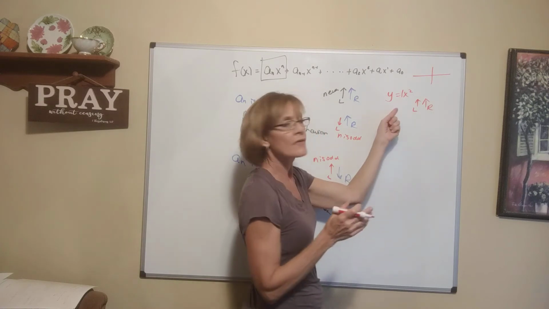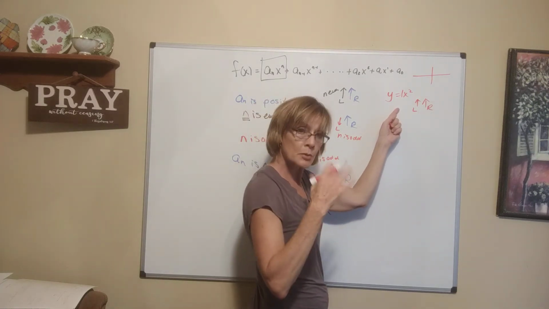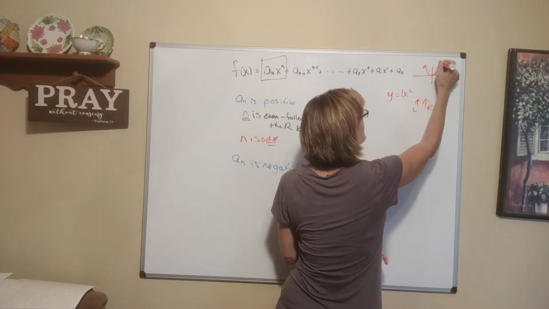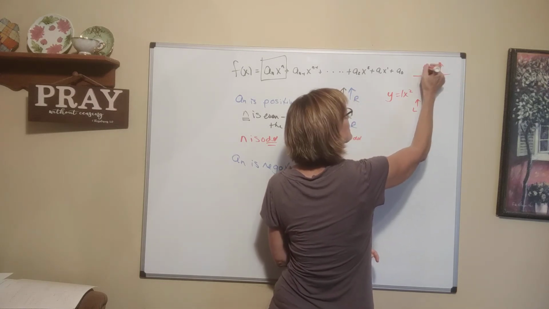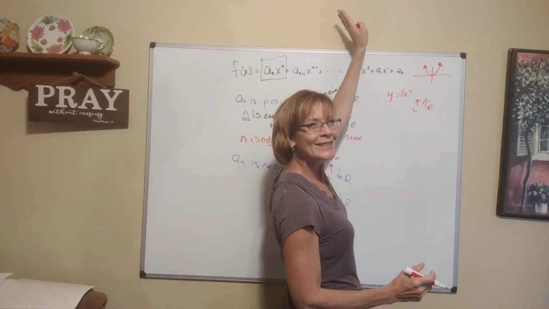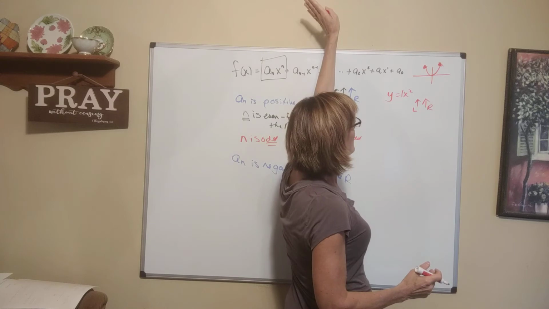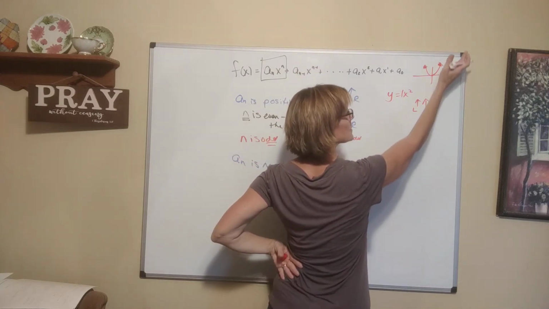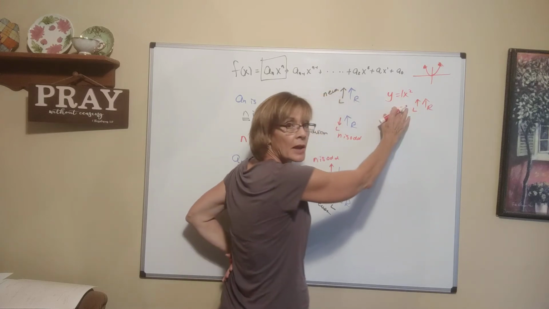If we think of the graph x squared, it's a parabola that looks like this. And so if we think about this parabola, way over here at x is negative infinity, it's going up. And then way over here at positive infinity, it's going up. So that matches that behavior.